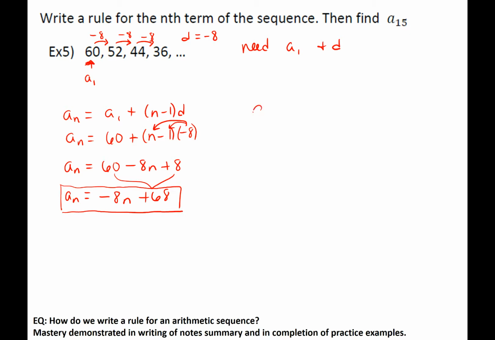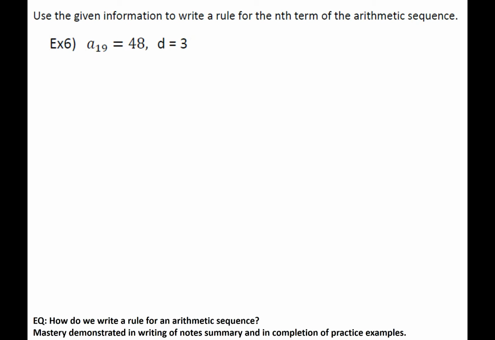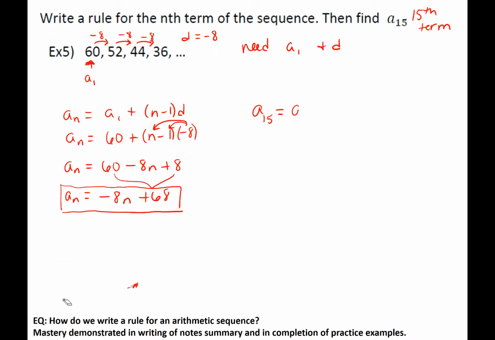Then I'm going to use it to find the 15th term again. A sub 15 means the 15th term. So a sub 15 equals, not a sub 1, excuse me. Let's use our formula. That's why we have it. So a sub 15, negative 8 times, plug in 15 plus 68. So negative 8 times 15, I don't know what that is off the top of my head.